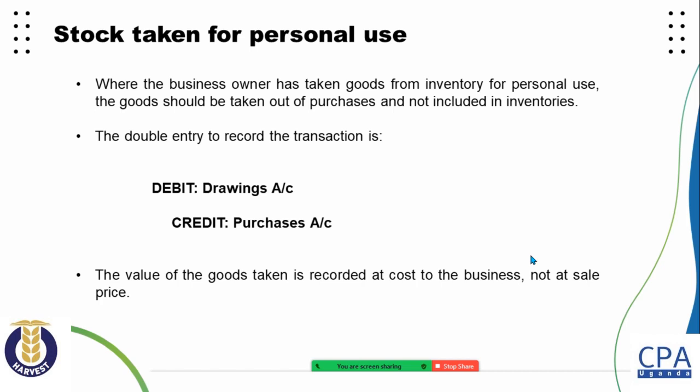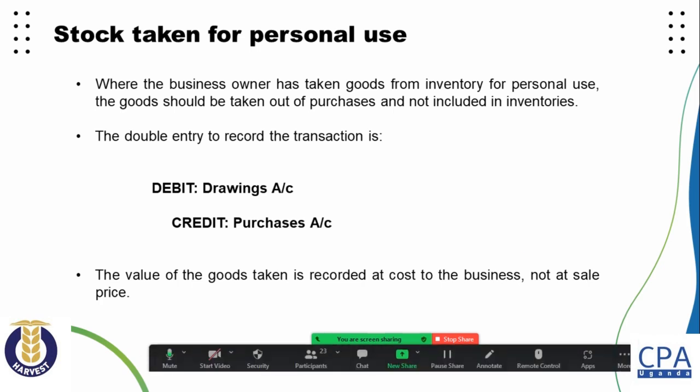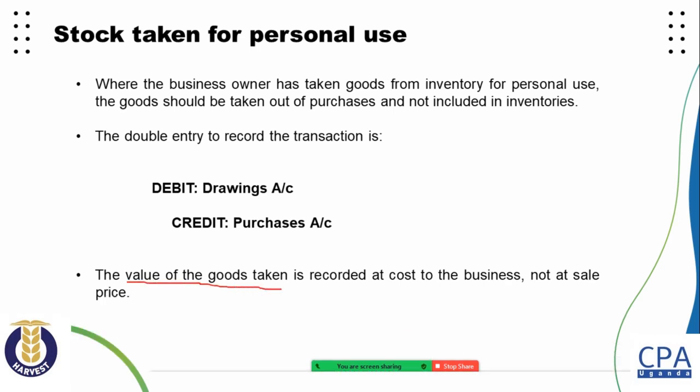The value of the goods taken is recorded at cost. Please take note of that. The value of the goods taken is recorded at cost to the business, not at the sale price. So we shall not use the price indicated on the tag.